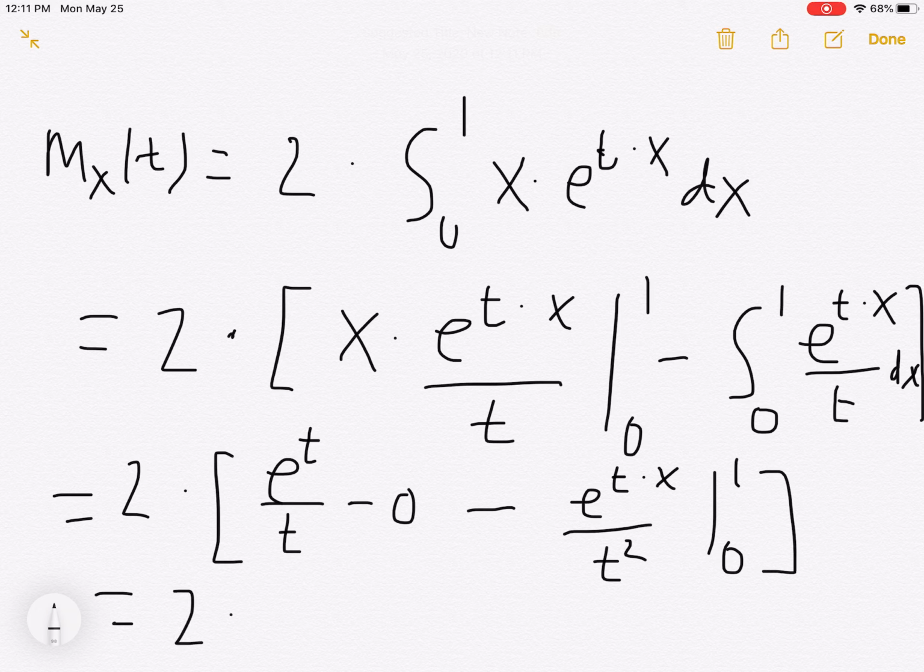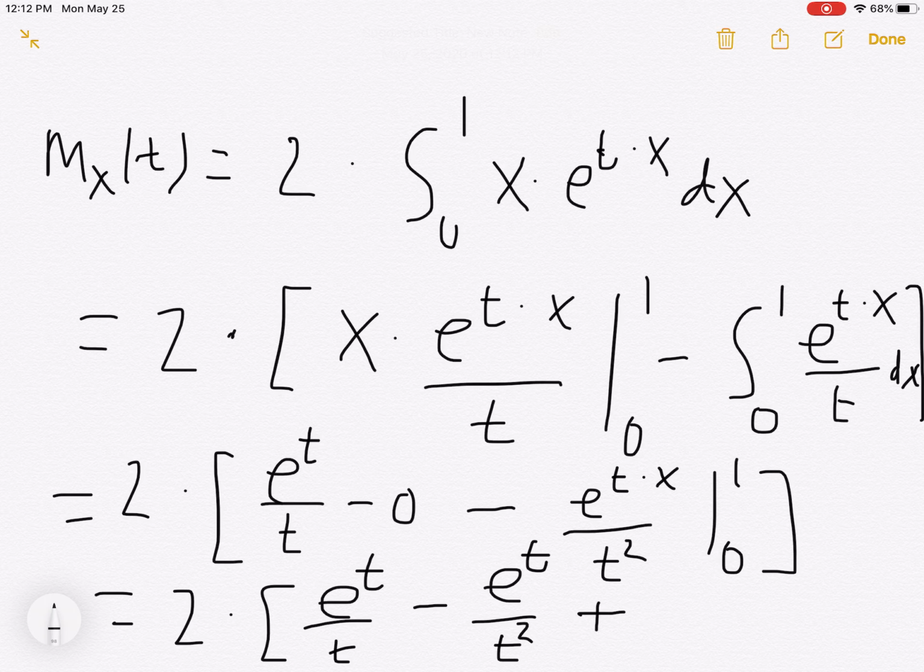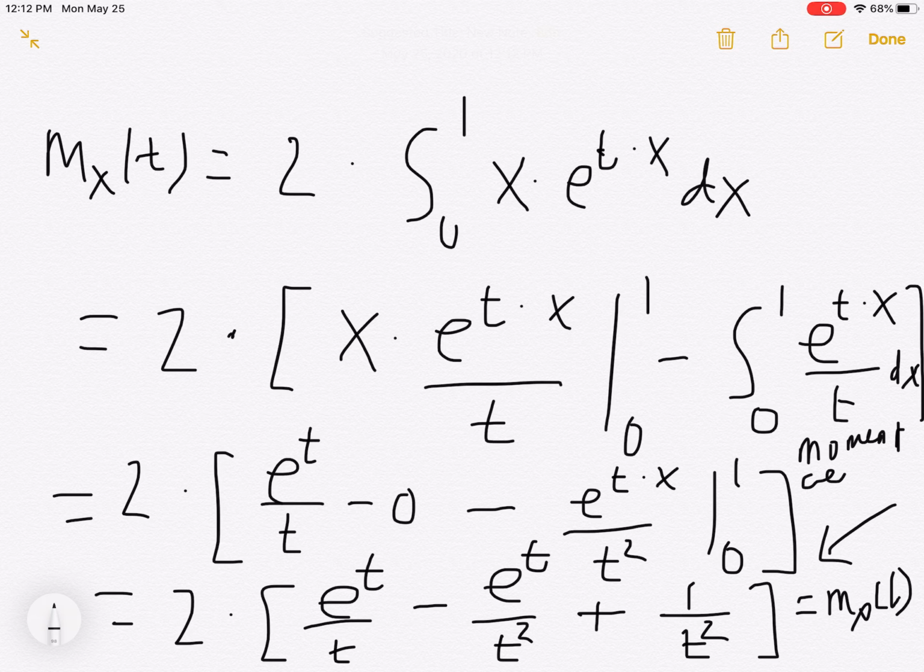And then finally, this will be e to the t over t minus, well, when x is 1, this will be e to the t over t squared, minus, a double negative makes it a plus. When x is 0, we'll get 1 over t squared. And that's our moment generating function. So this beautiful thing right here, that's our moment generating function.